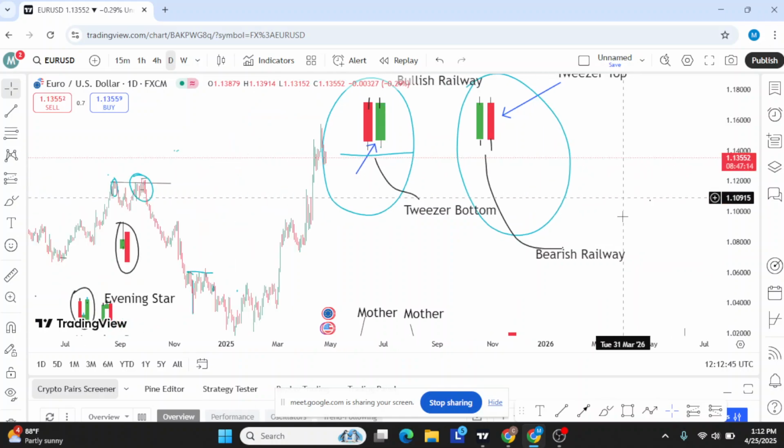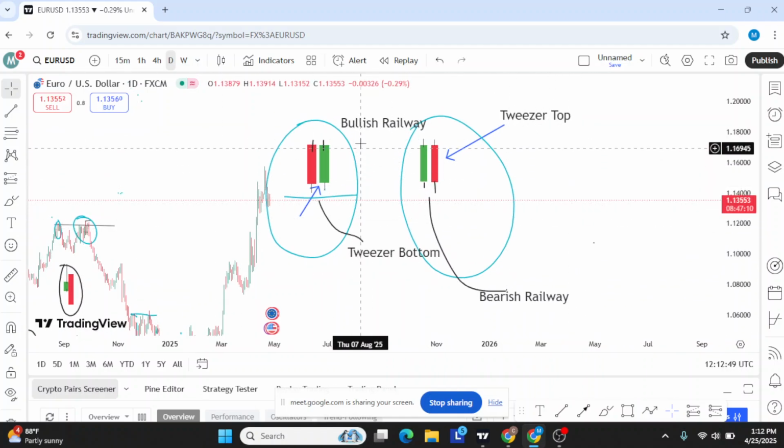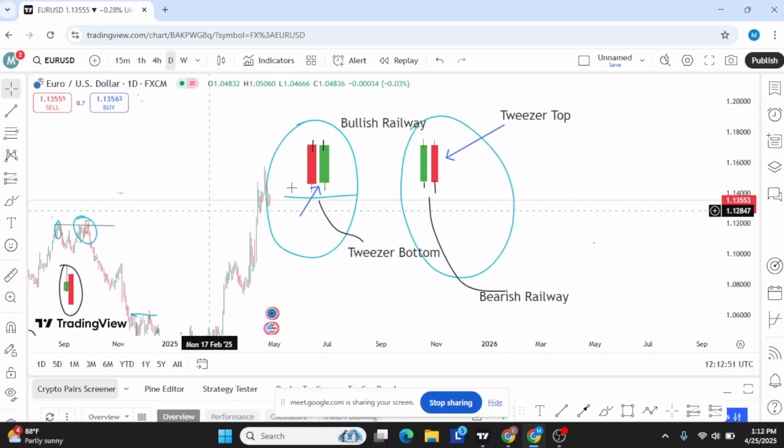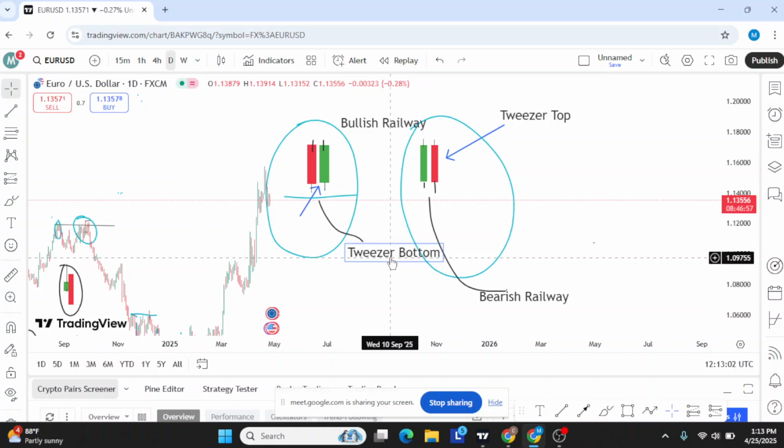So sometimes you don't want to get confused trying to identify the bullish railway and the tweezer top. That's why I give a clear explanation and insight on how you can differentiate them. With the bullish railway, wicks at the opposite ends. If it is a tweezer bottom, you don't want to see wicks at the top.